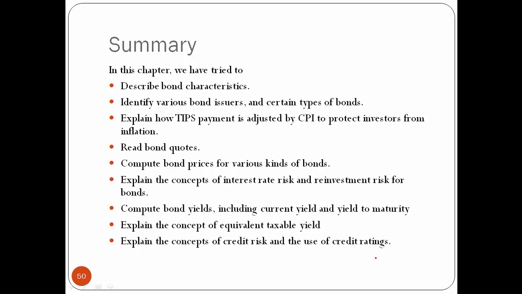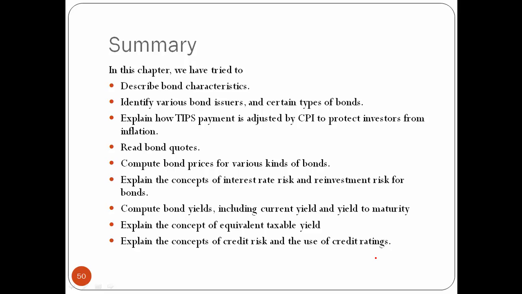We did zero coupon bonds, annual coupon bonds, and also semi-annual coupon bonds. Bond price is always determined by the coupon interest rate, the number of years till maturity, the market interest rate as a discount rate, and of course the future value, which is usually by default $1,000.